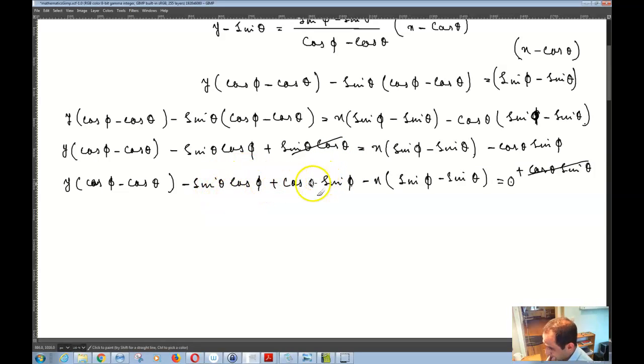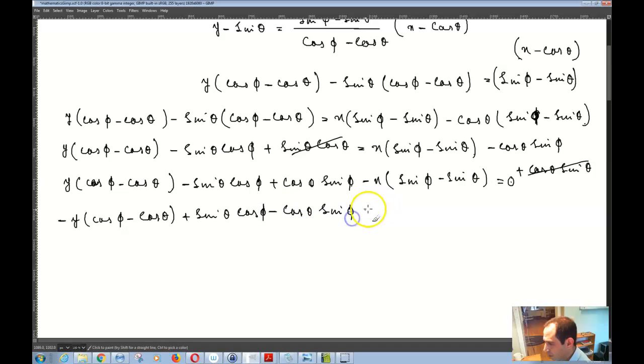So if I multiply this by a negative 1, I will get negative y times (cos phi minus cos theta) plus sine theta cos phi minus cos theta sine phi plus x times (sine phi minus sine theta) is equal to 0.